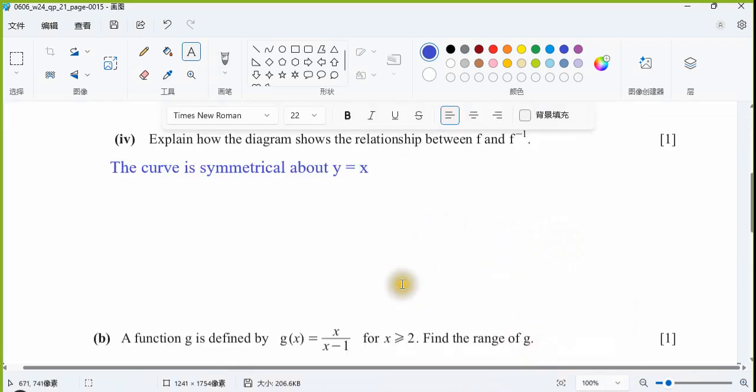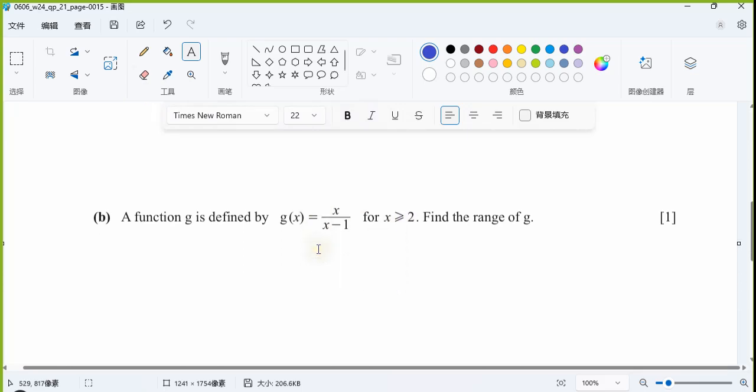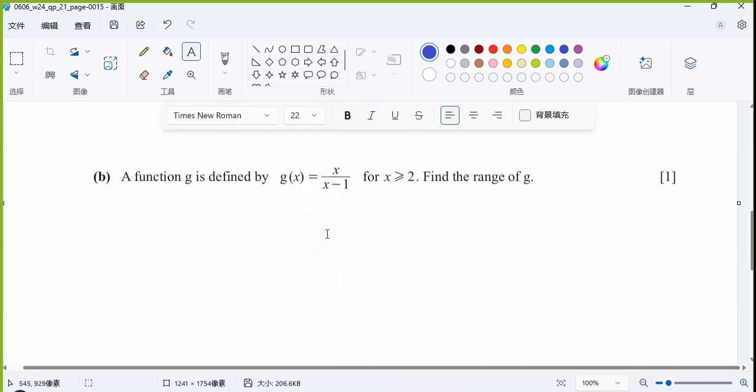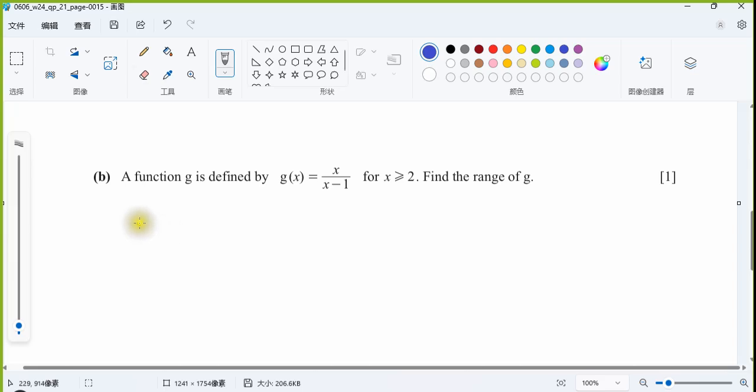And then a function g is defined by g(x) is this. Find the range of g. So g(x) is x over x minus 1. So we have g(2) is 2 over 2 minus 1, which is 2. And then the range.